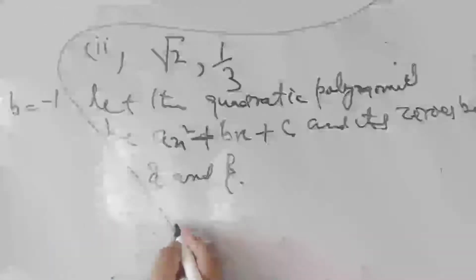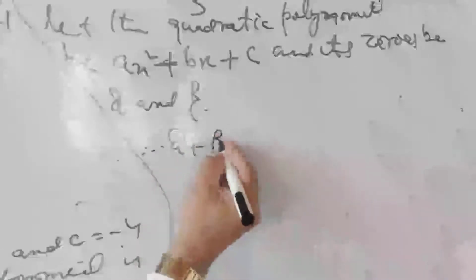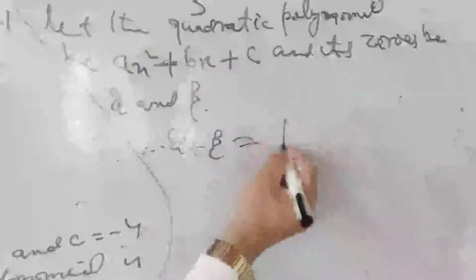So look, therefore we know that the sum of the zeros, which is given, that is alpha plus beta, is equal to square root of 2.